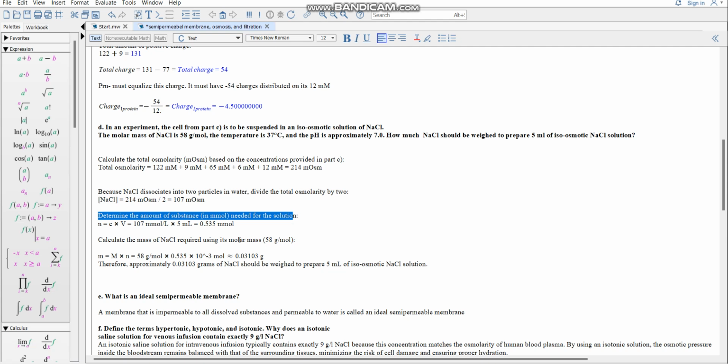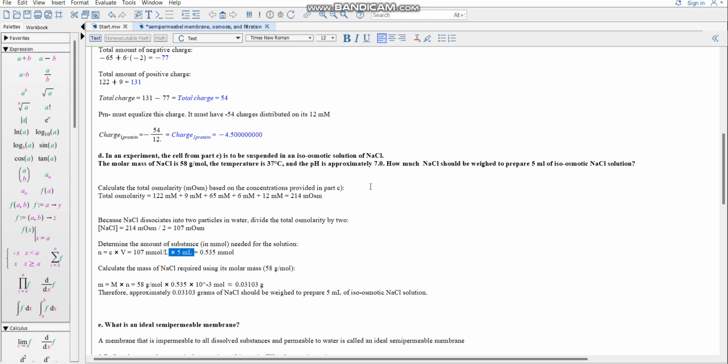Then we determine the amount of substance needed for the solution. Okay, so this is the total osmolarity divided by 2 here. So the concentration times the volume, right? And the volume is given to be 5 milliliters. So this is the amount of substance needed for the solution.